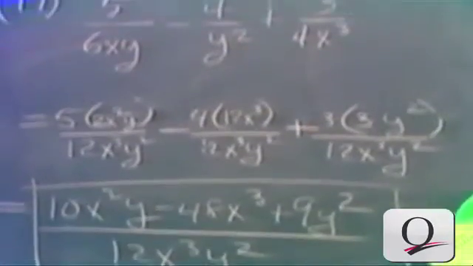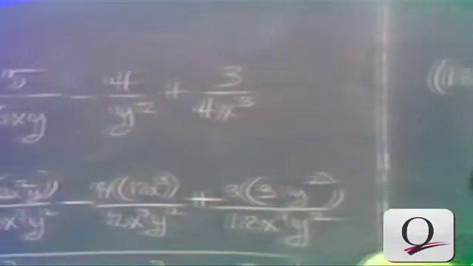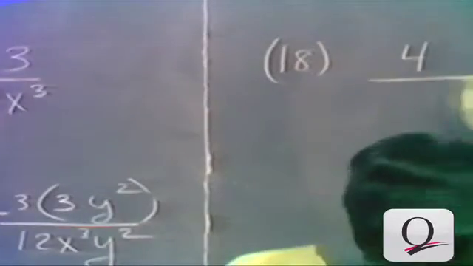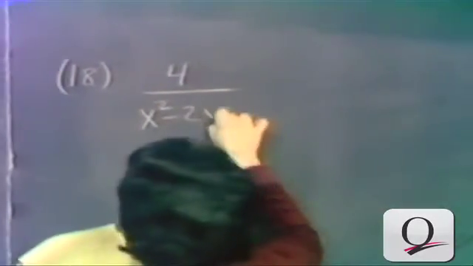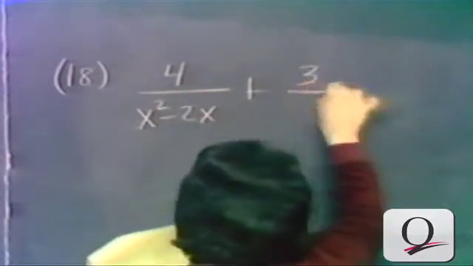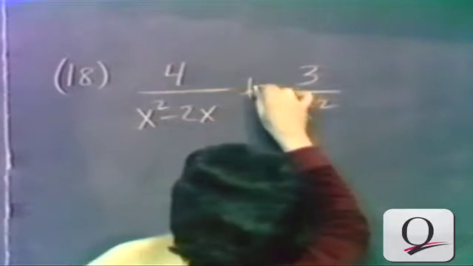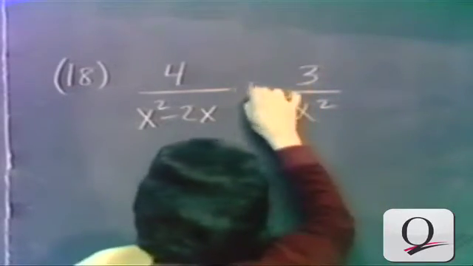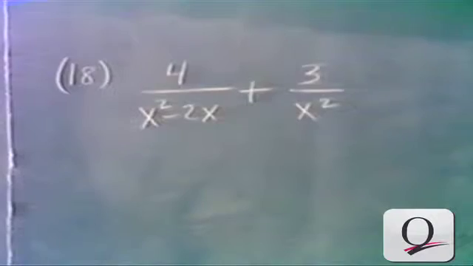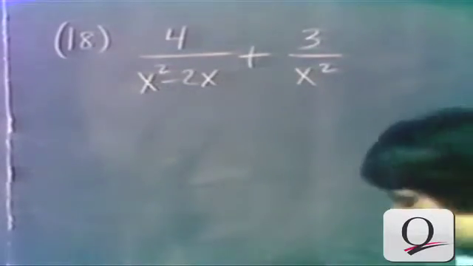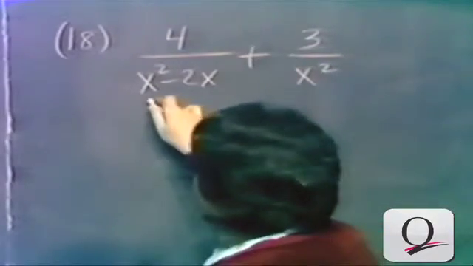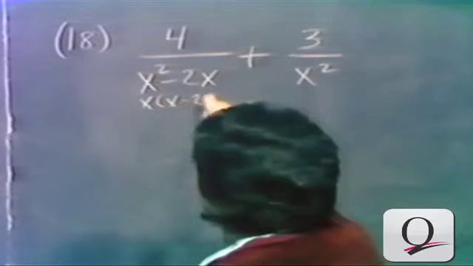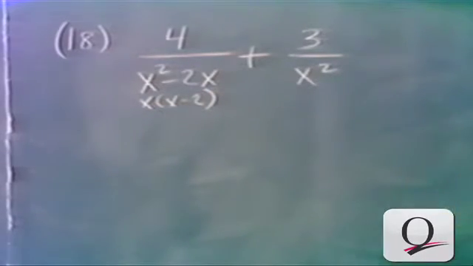Okay, problem 18. 4 over x squared minus 2x plus 3 over x squared. Once again, we would like to add fractions. We have to determine first the LCD. We realize that x squared minus 2x is x times x minus 2 if we factor it completely.